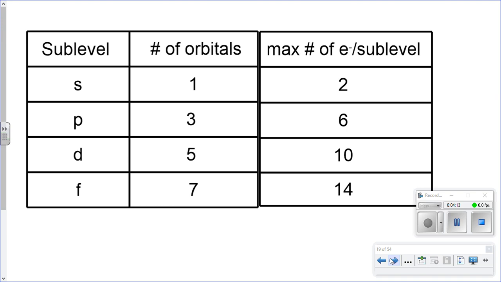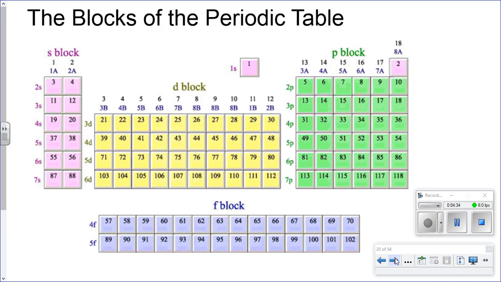The P sublevel can hold 6. The D sublevel can hold 10. And the F sublevel can hold 14. So 2, 6, 10, 14, because all I did was multiply these numbers by 2, since we have 2 electrons per orbital. Those are the maximums, so you can have less than that.